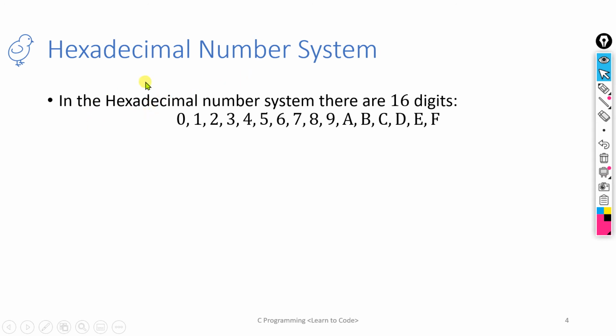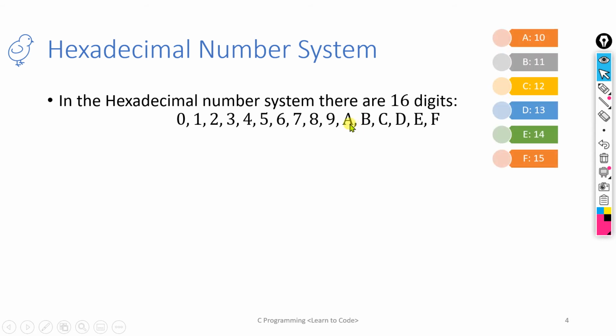Similarly, in hexadecimal number, hexa means 16, so you use 16 digits. So what are the digits? 0 through 9, 0, 1, 2, 3, 4 up to 9, and then 10. These numbers, that is A, B, C, D, E, F, are actually representing 10, 11, 12, 13, 14 and 15. So starting from 0 to 15, there are 16 digits we are using.